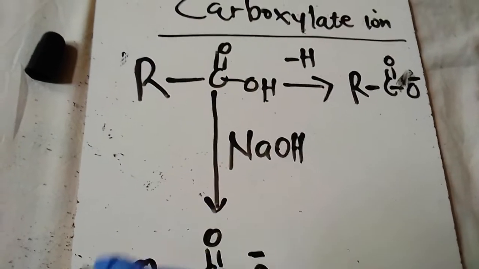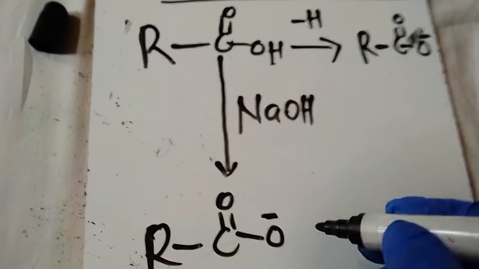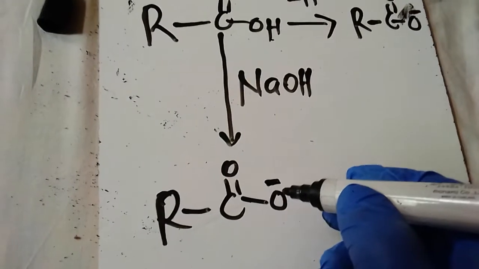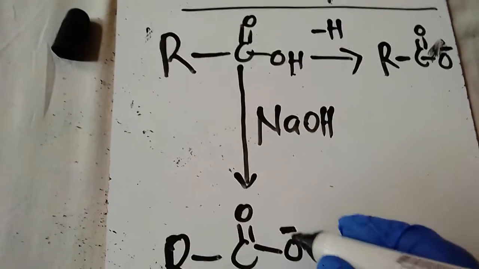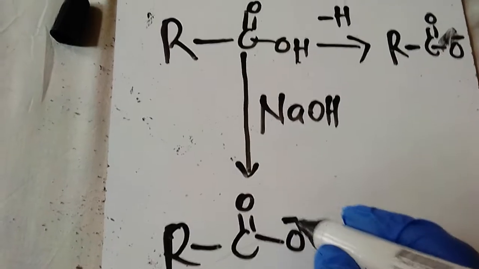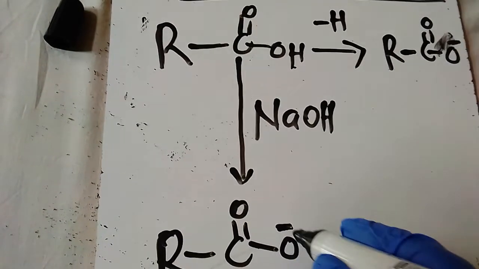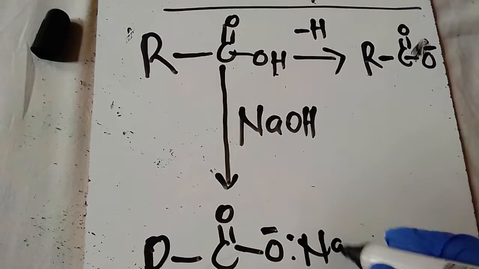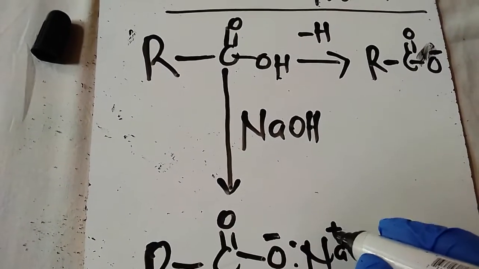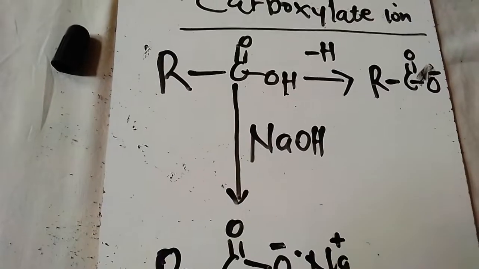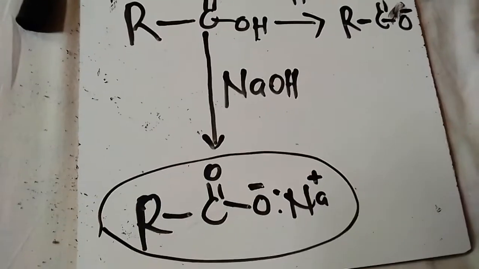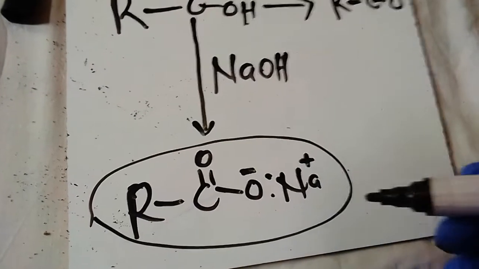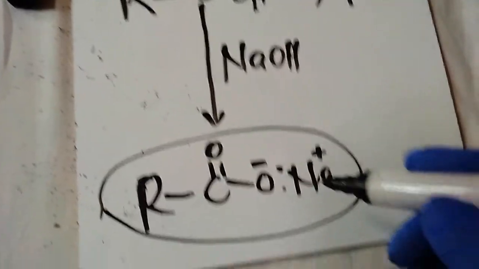So this ion is what we call carboxylate ion. Normally, there is an association with the metal in the solution. So if it is in the solution, this negative charge will associate with the positively charged sodium. If you get that association, this compound becomes a sodium carboxylate. This is what we call a soap.